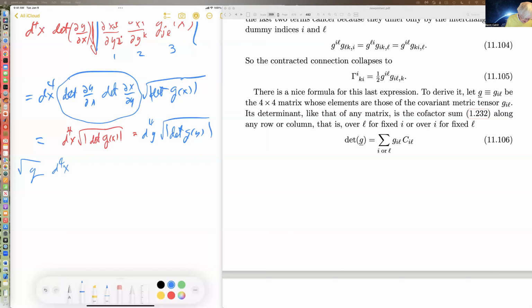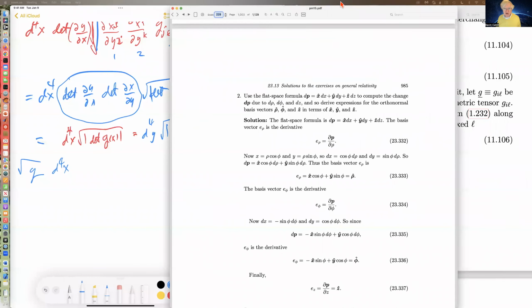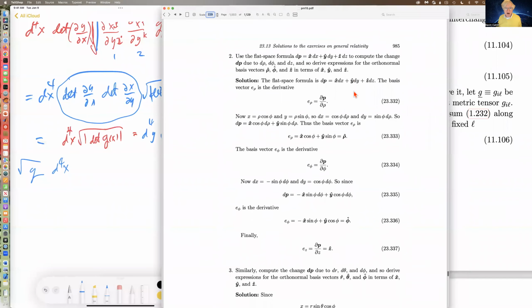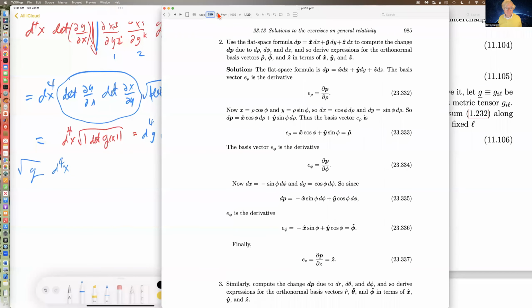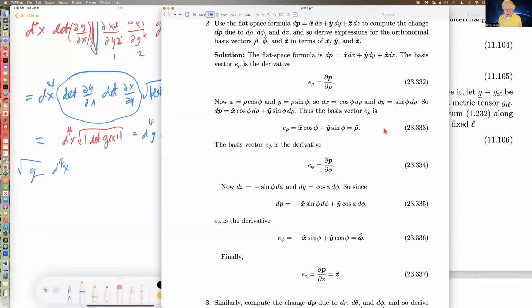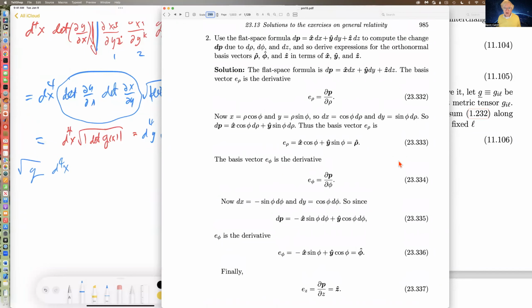So that's done. So there are these different things that I wanted to do today. And now I'm going to do two problems that are like homework problems, in particular 13.2. I'm going to do 13.2, and instead of doing it in real time, I'm just going to show you the solution. So here's the problem.